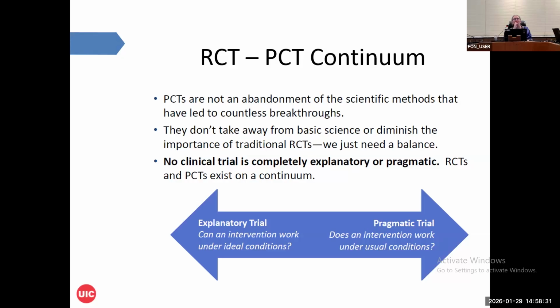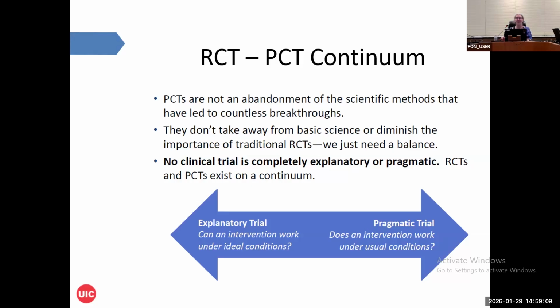Okay, so pragmatic clinical trials are not an abandonment of the scientific methods that have led to countless breakthroughs. They don't take away from randomized clinical trials or diminish the importance of traditional RCTs, but we need to have a balance, which is kind of what you're asking a little bit. So no clinical trial is completely explanatory or pragmatic.